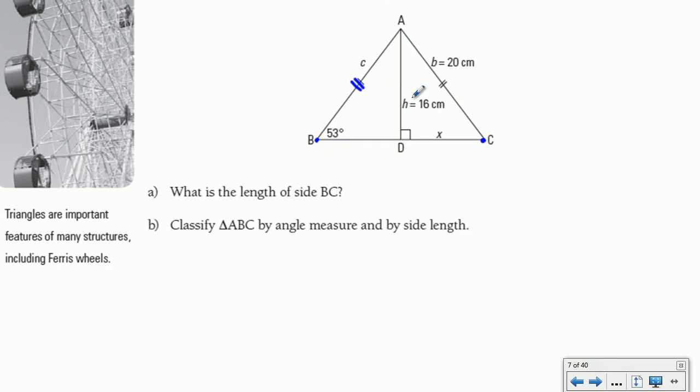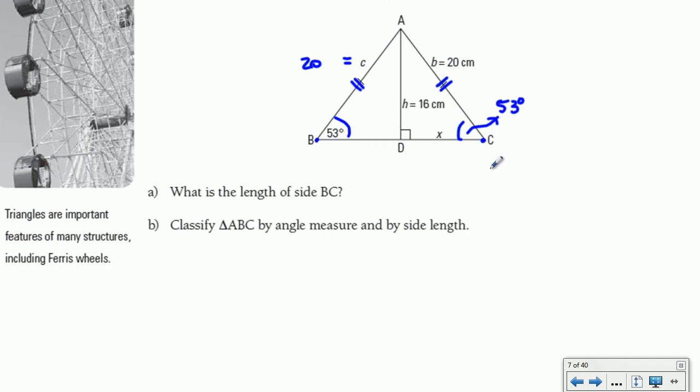We know that this side length is equal to that side length, so this one is 20, this one is also 20, and because these two lengths are the same, that means this angle is equal to that angle, so that is 53 degrees.